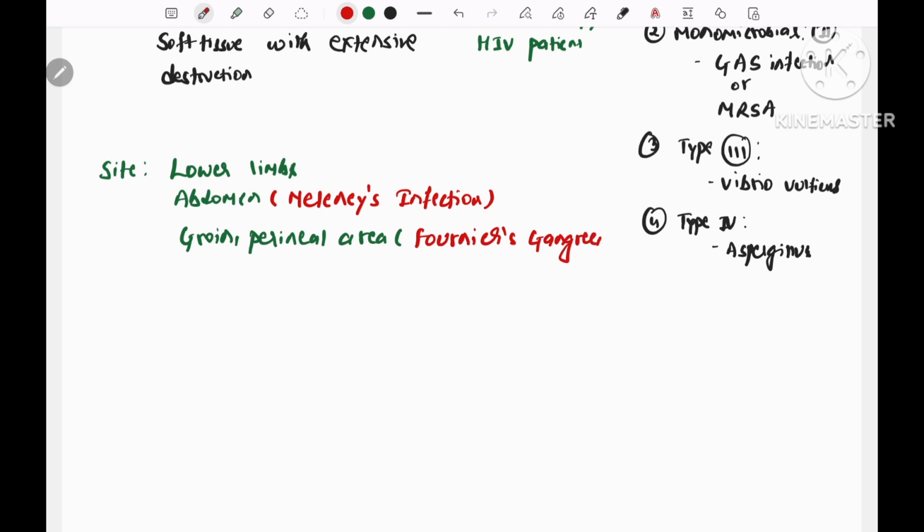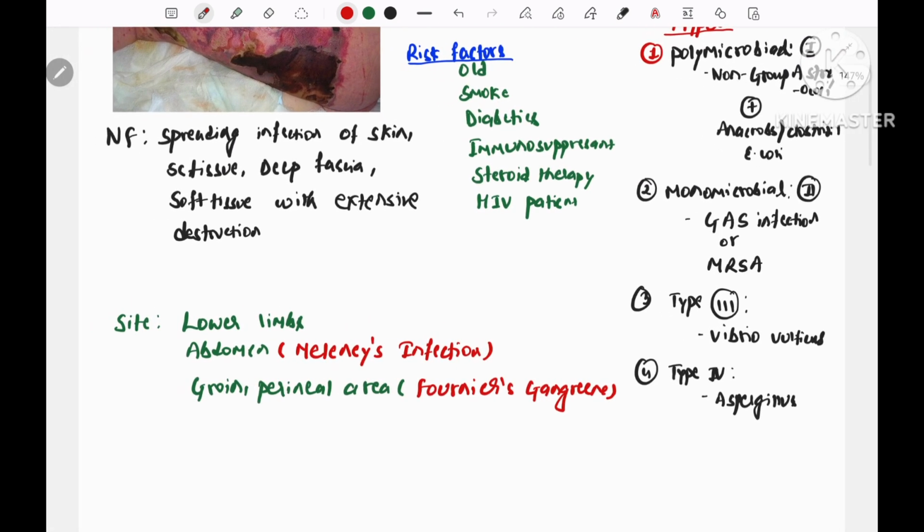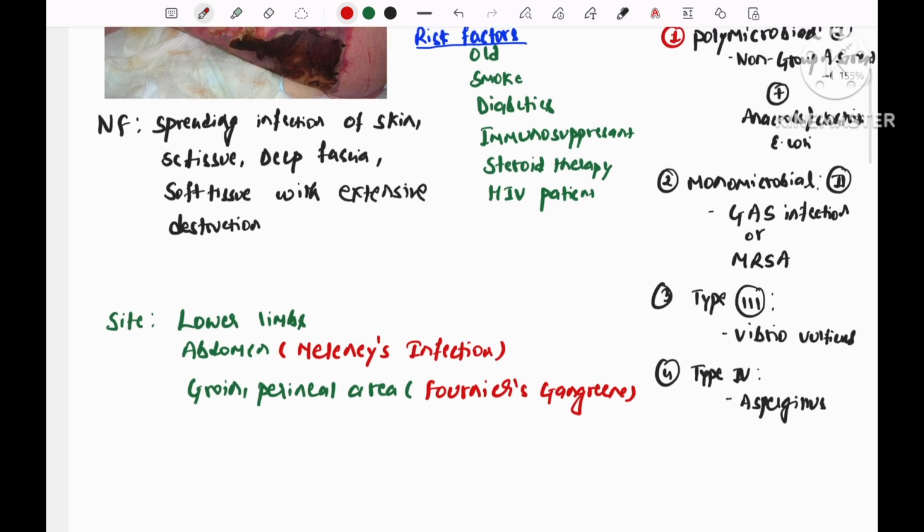So these are the two varieties of necrotizing fasciitis: Meleney's gangrene and Fournier's gangrene.